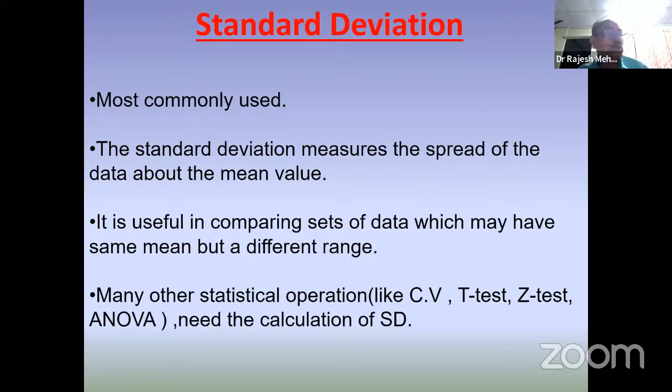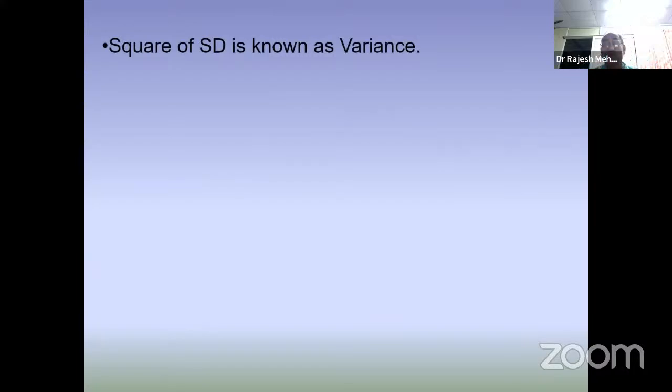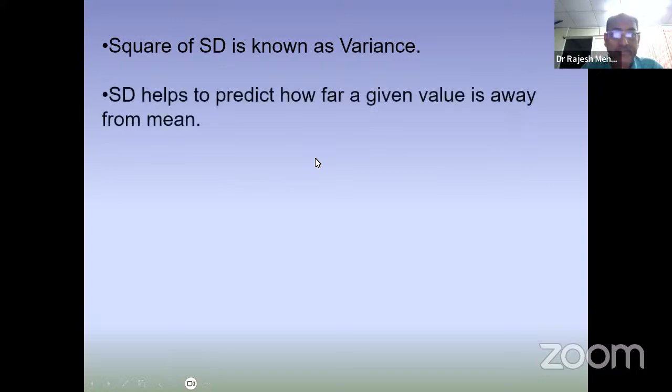And I told you that standard error is also nothing but one kind of standard deviation. Square of SD is known as variance. That means if you take, let me write it down in the chat to make the thing easier.